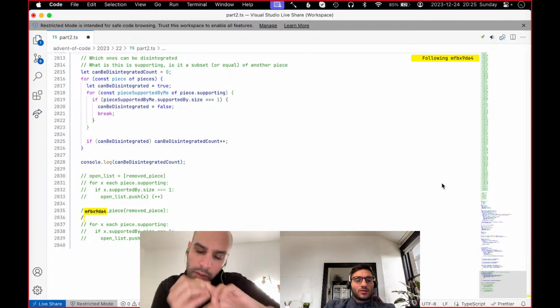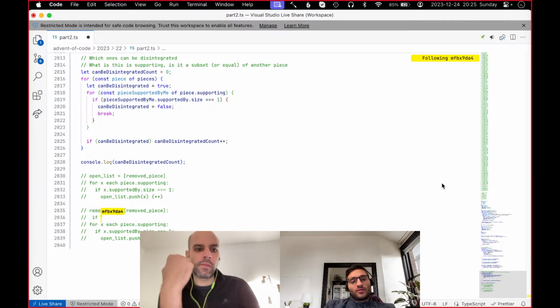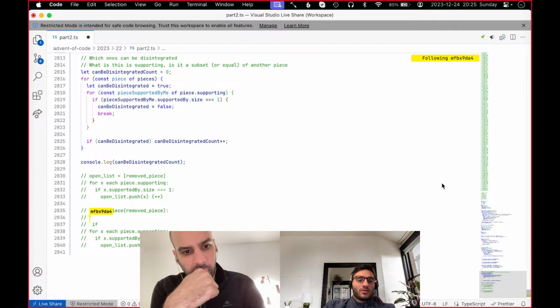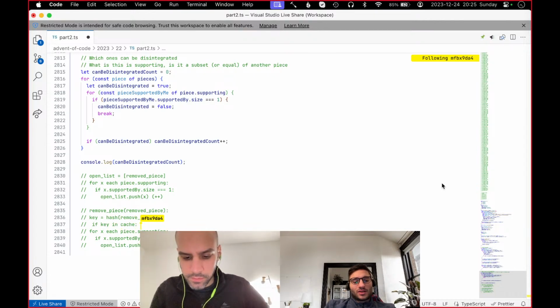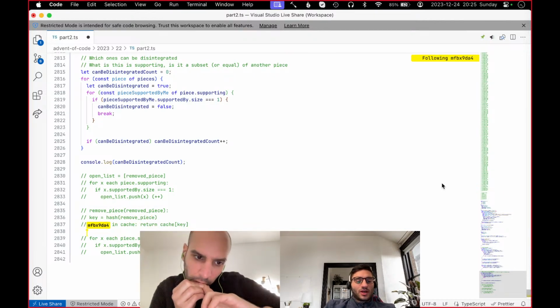So you could just do like, get the key, and then if key in cache, then return the cache key.